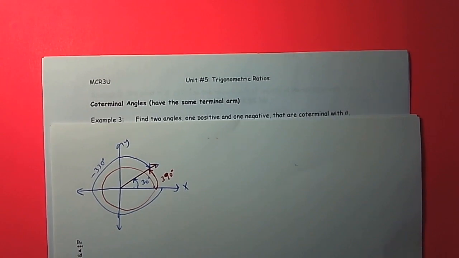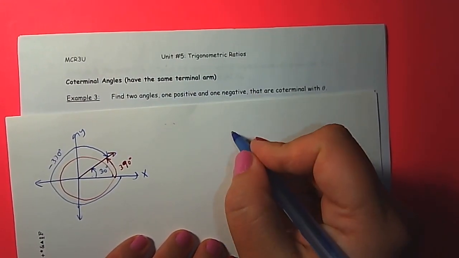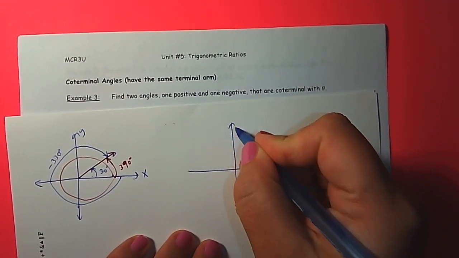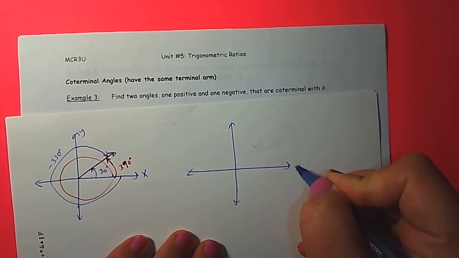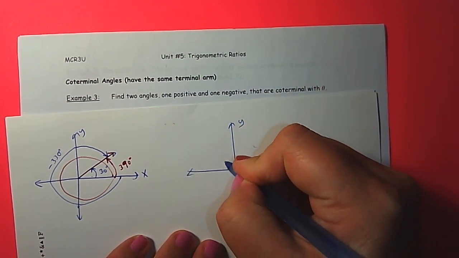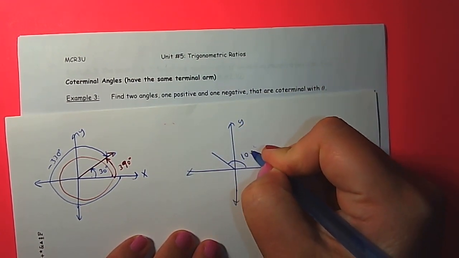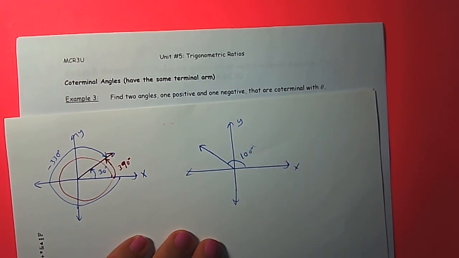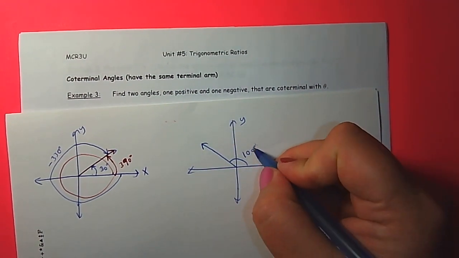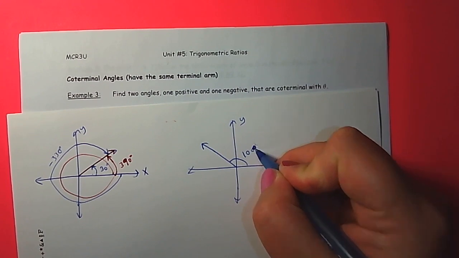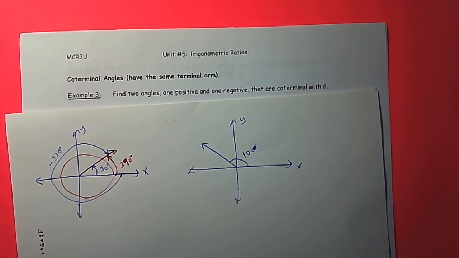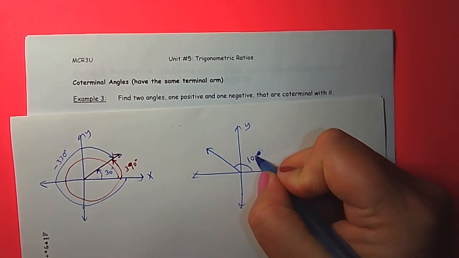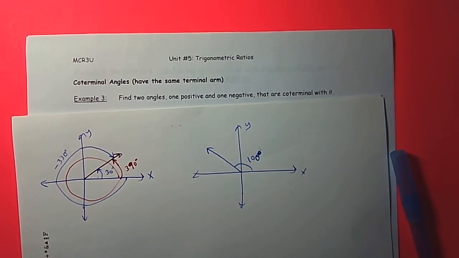Okay, so let's give another example. Let's say we have 100 degrees. How can we find other angles that are coterminal with 100 degrees? I can add or subtract 360 degrees to find other coterminal angles.